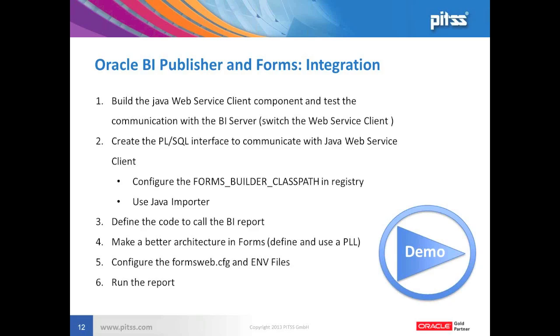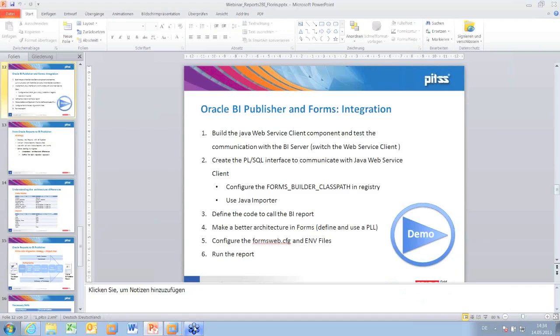Okay, and now let's start the demo. I hope that the virtual machine I prepared is fast enough and we don't have problems. We also prepared a backup machine, but let's hope it's not necessary. I will now switch to the virtual machine.